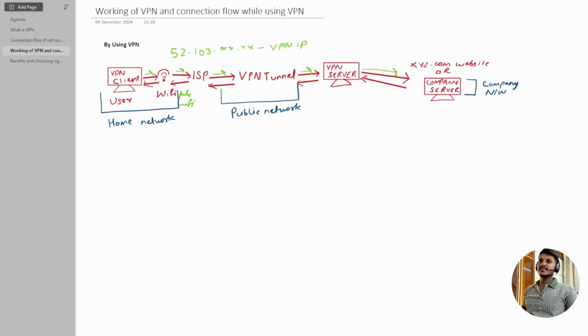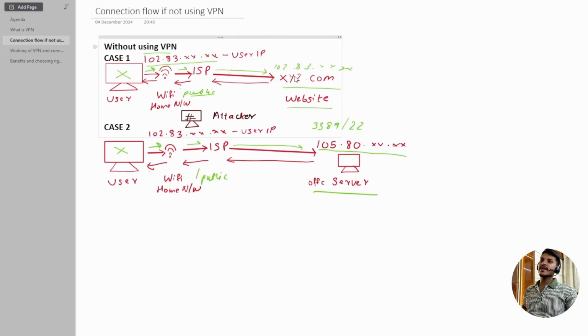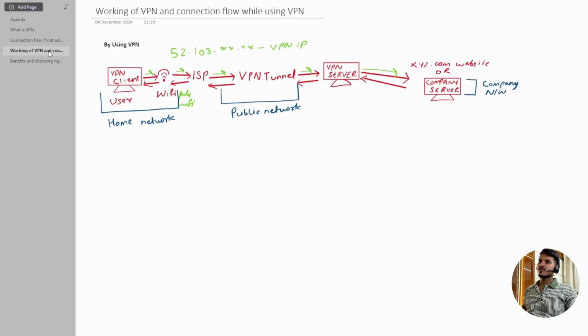I have taken the same examples as in our previous one: the user is trying to access xyz.com, or maybe some company server. That company server may be in the company's own network, and this has already hidden our public IP, as we can see here, replaced with the VPN's IP.